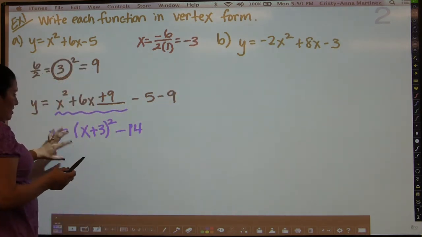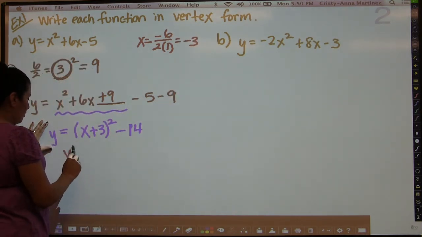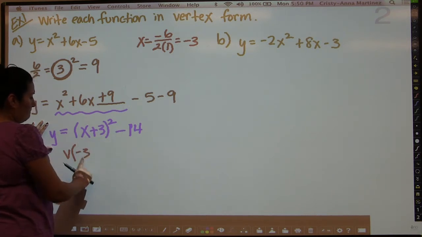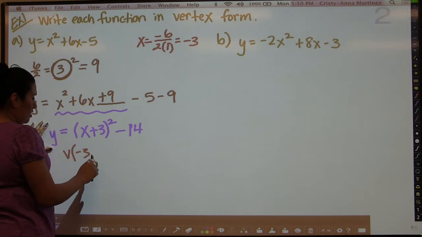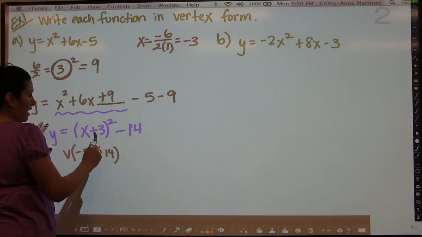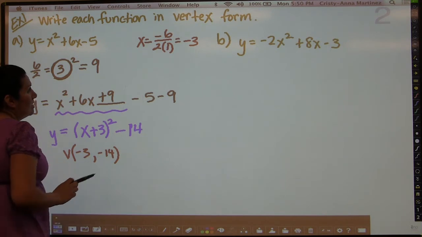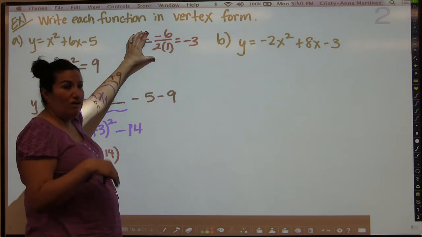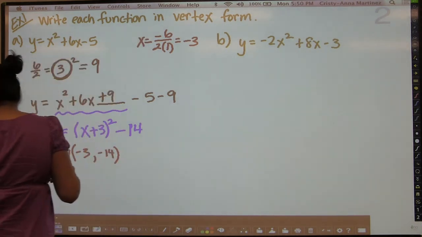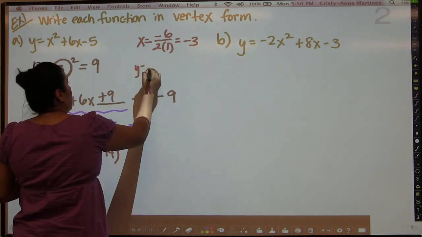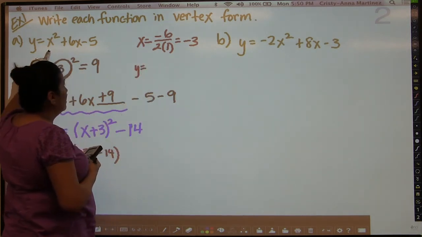Notice that this is already in vertex form, so my vertex here is -3, because if this is a +3, then the vertex is -3, as I said earlier, and the y-coordinate is -14. That's k, h, k. So there's my vertex. So all I'm doing over here is I'm basically finding the vertex the good old-fashioned way, the way that we had done it before. So now to get the y-coordinate, I have to plug -3 into this equation.